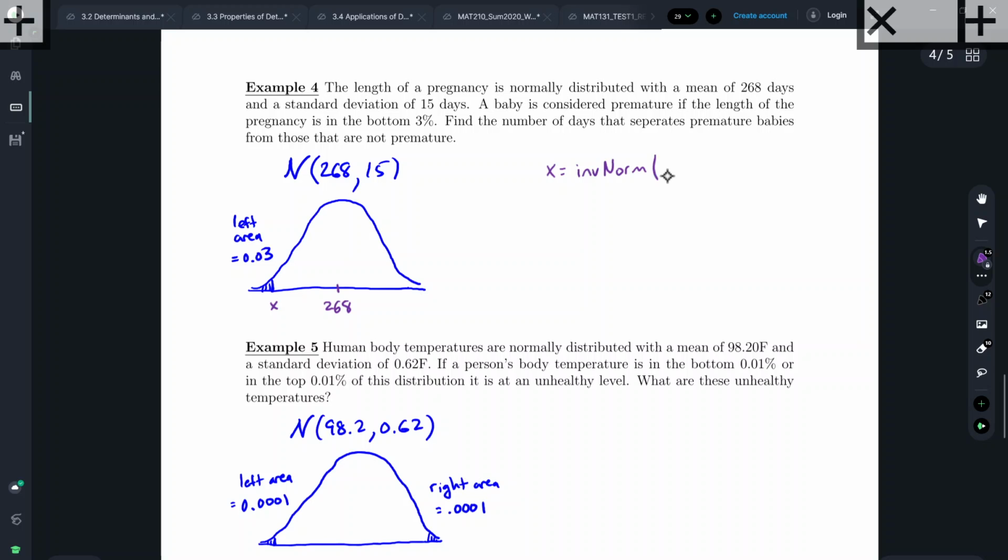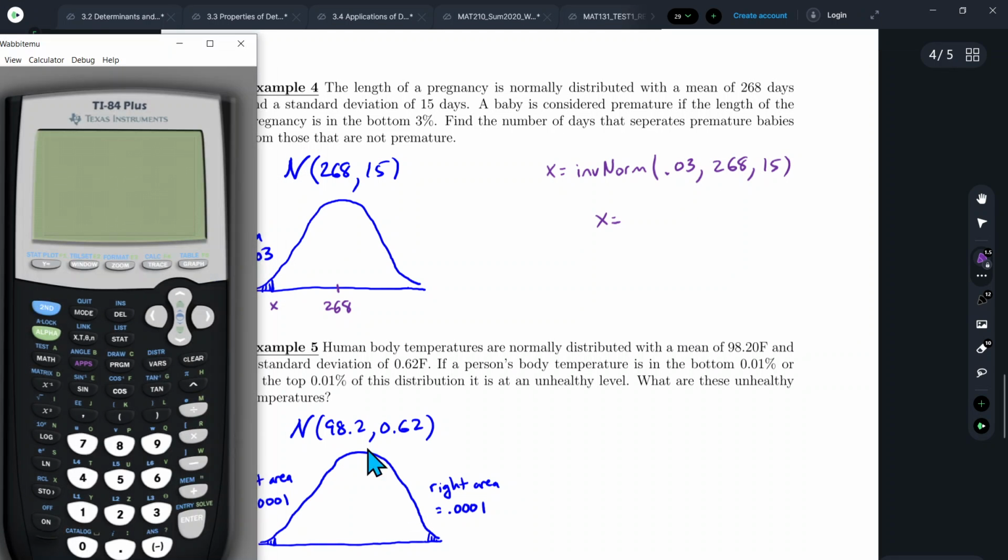The area is already a left area, so that would be 0.03. The mean is 268, and the standard deviation is 15. So in this problem we use the inverse norm command: the left area is 0.03, the mean is 268, and the standard deviation is 15.